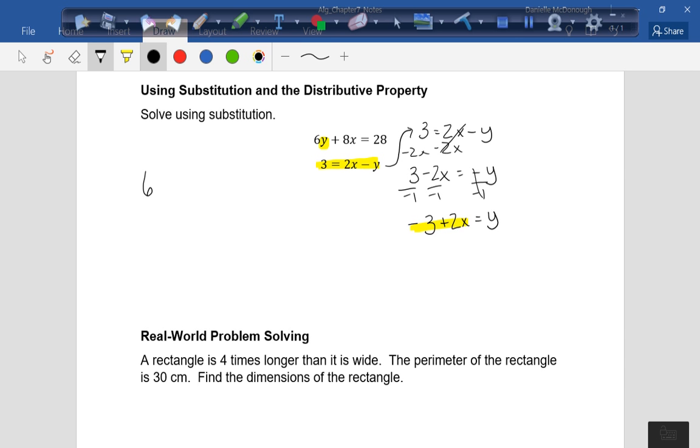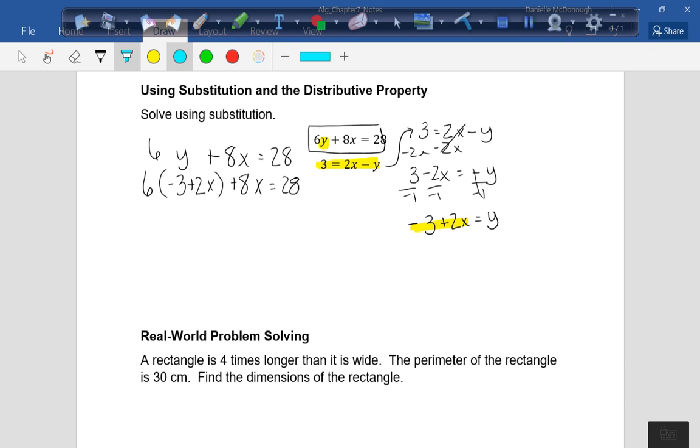So it's going to be 6 times negative 3 plus 2x, plus 8x equals 28. And I got that because I took this equation and substituted that y right next to that 6. If you can see here, I'm going to highlight it.